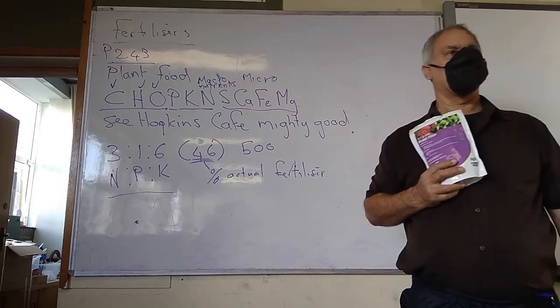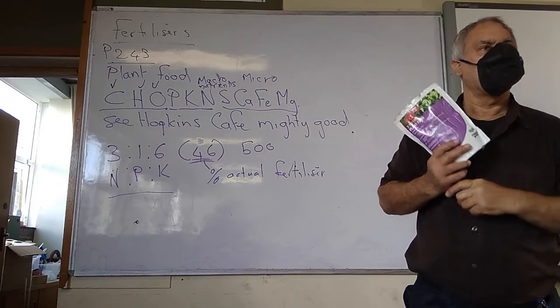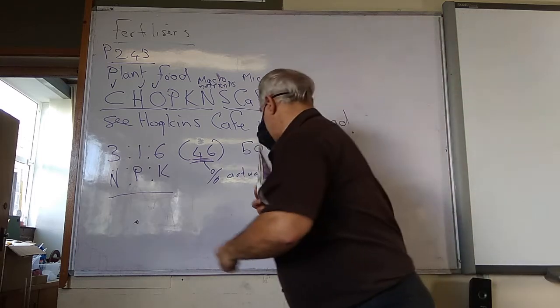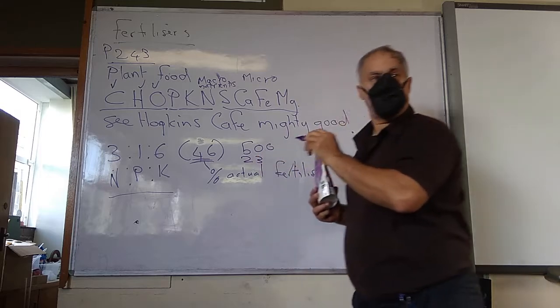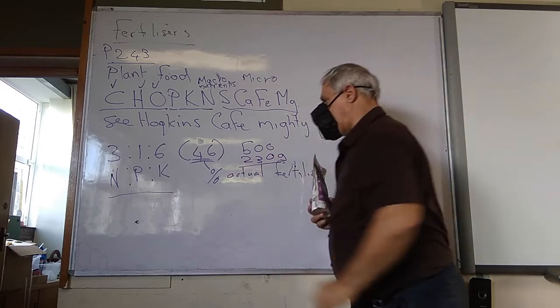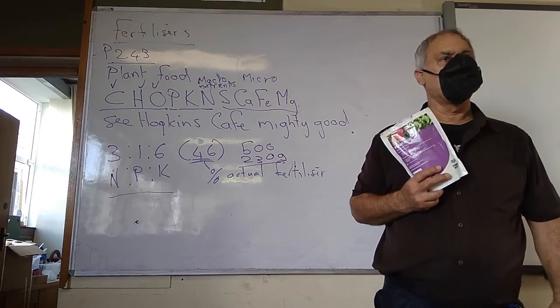Well, it would be 250 grams. Is it exactly 250? Okay, so I can say 250 of that 500 grams is actual fertilizer. Now, of that 230 grams, how much is nitrogen?